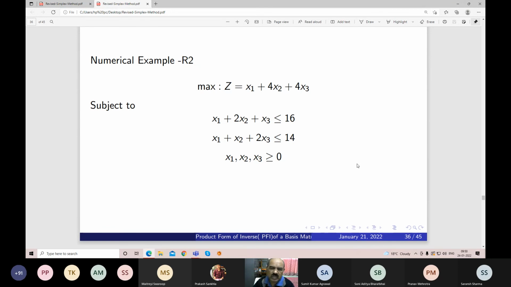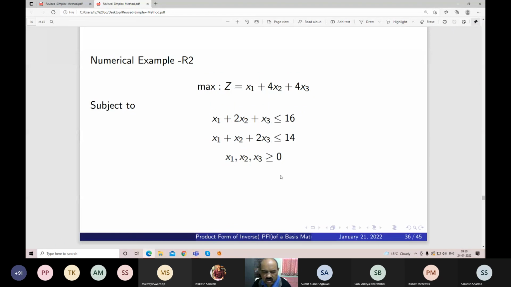In some books, let us say there are 3 variables x1, x2, x3, the basic variables will be either s1, s2, or you can say x4 or x5. Make it s1, s2 so that you can remember these are the basic variables initially. With respect to s1, s2, you formulate the problem, then proceed.